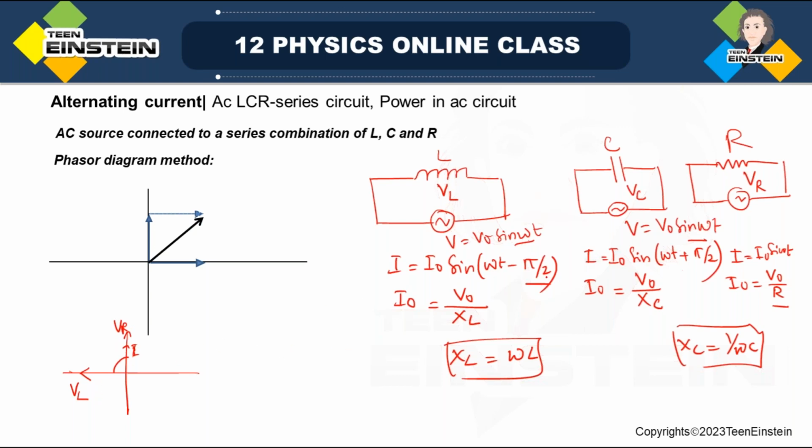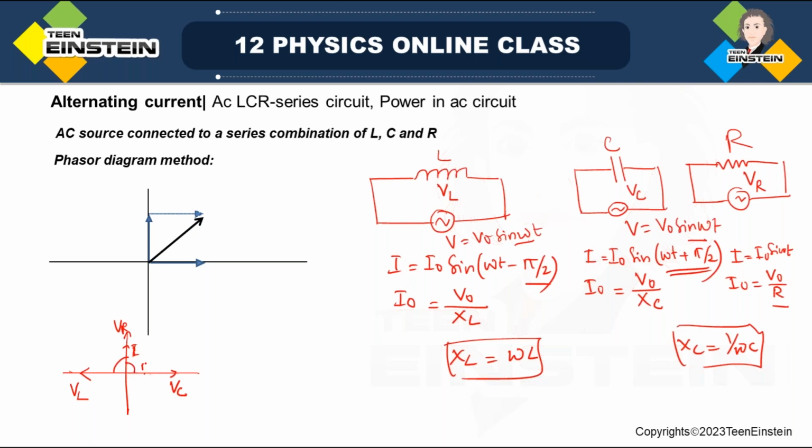And in case of a capacitor, what is the current doing? Current is actually leading the voltage by some amount. What is that amount? Pi by 2. So let us say this is VC. This is the current, and this is the voltage across the capacitor.